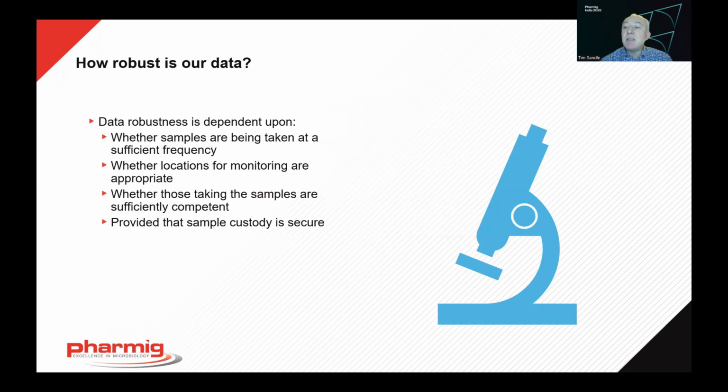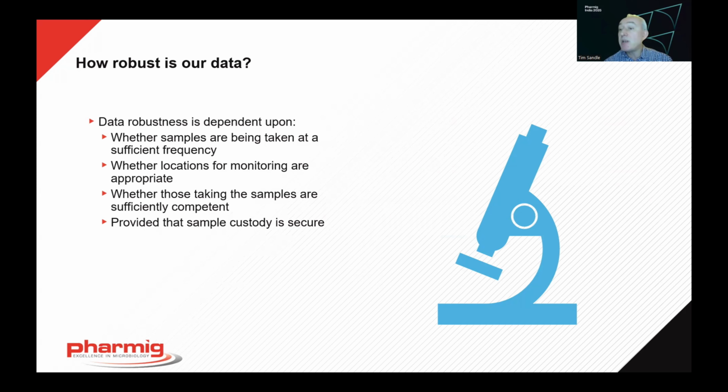Going back to data, the principles of data integrity are important, so we need to make sure that our data is sufficiently robust that we can trust our data. And also considering the importance of risk assessment. Are we taking our samples at sufficient frequency? Are our locations of monitoring appropriate?